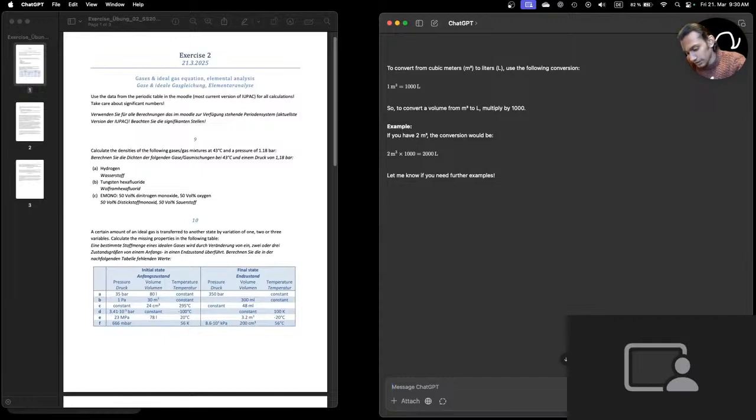V1 equals 78 liters. V2 equals 3.2 cubic meters, which gives 3.2 into 10 raised to 3 liters.